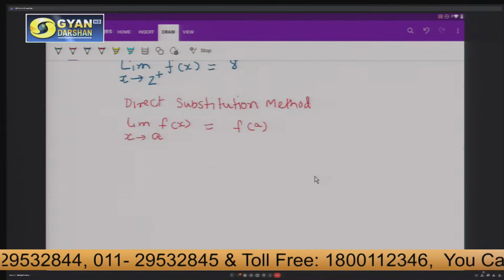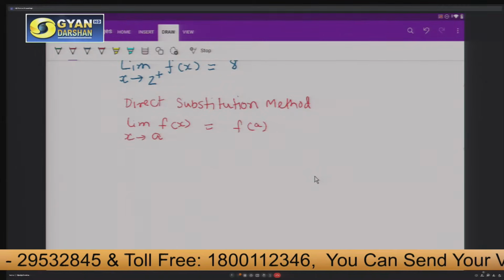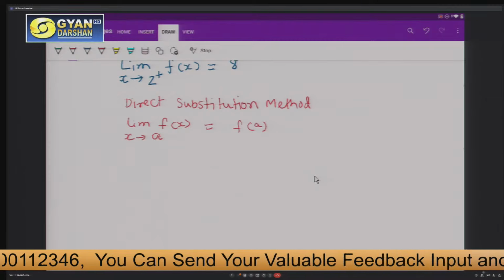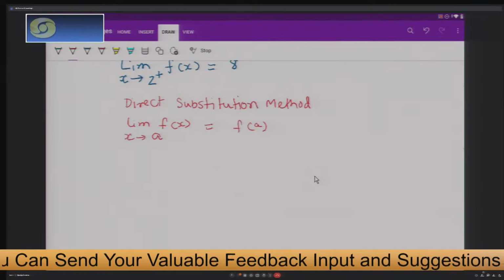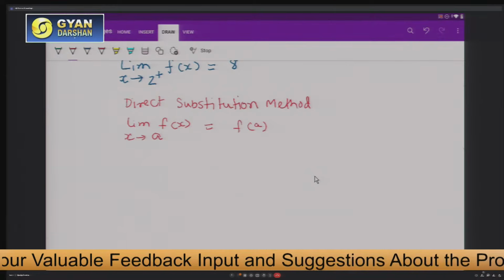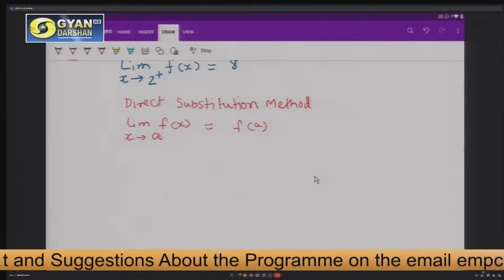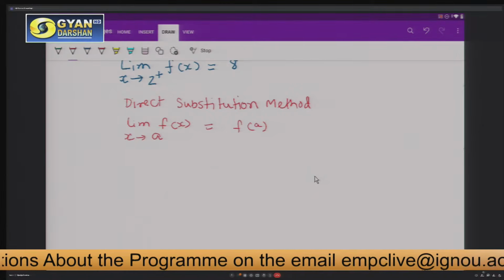Now there are some rules which are quite obvious, so you will have no difficulty. In fact, you don't need to mention them every time or remember them.